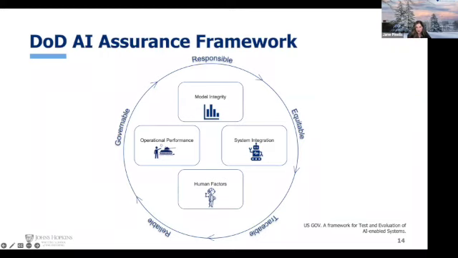So the first one, now we're talking about the rectangles, is model integrity, right? If and when a contractor submits the model to the government, which usually is what happens, we don't usually develop our own, the government has a responsibility to independently test the model, usually on a withheld test data set.